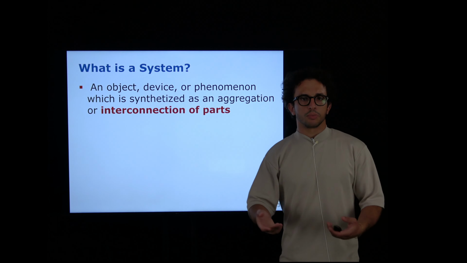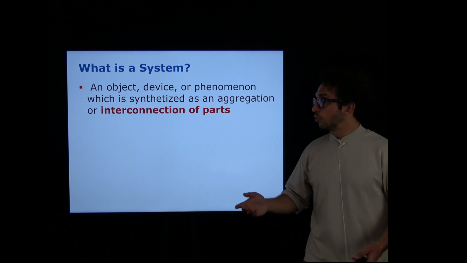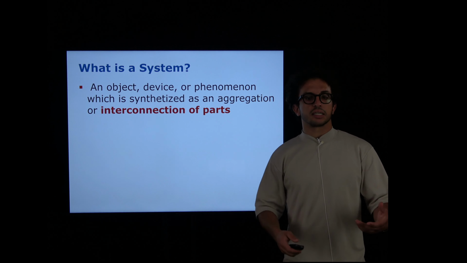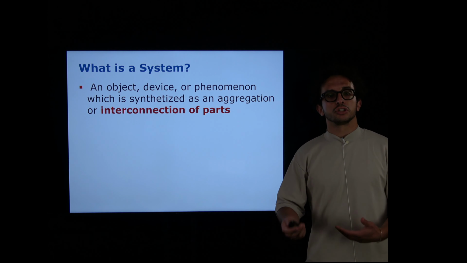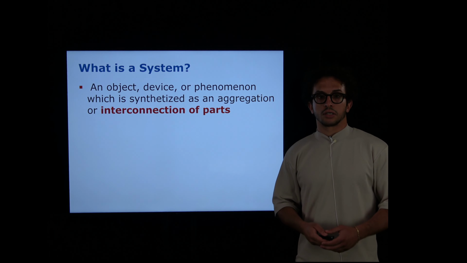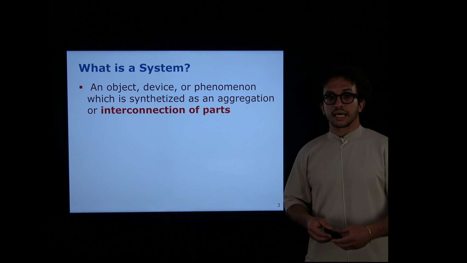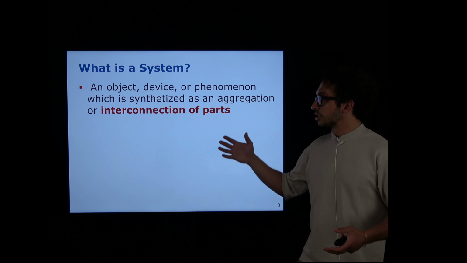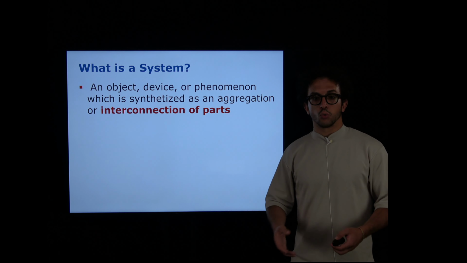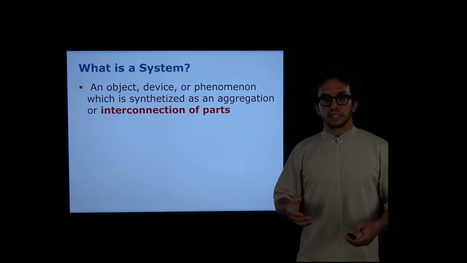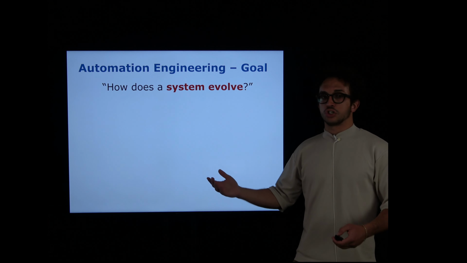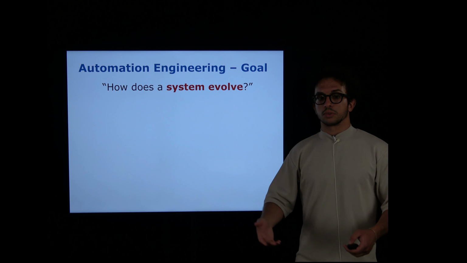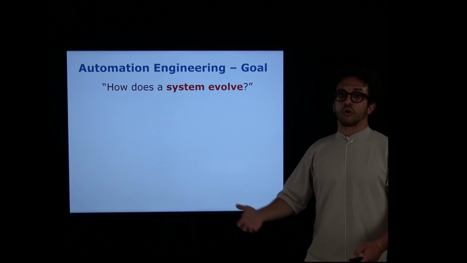Well, a system is an object, a device, or a phenomenon, whatever it is, which is synthesized as an aggregation or interconnection of parts. And as engineers, we're interested in knowing how this interconnection of things works. Specifically, in the context of automation engineering, which studies dynamical systems, we want to know how the system evolves.